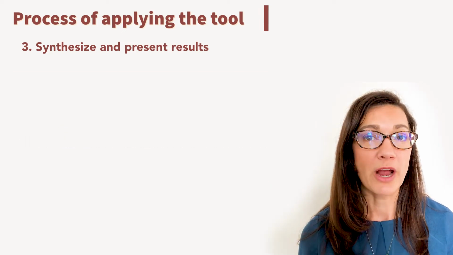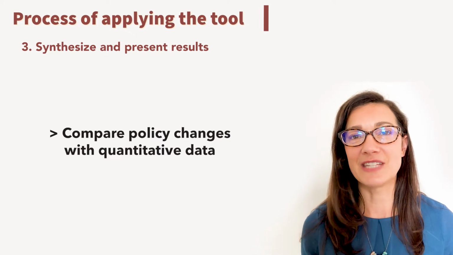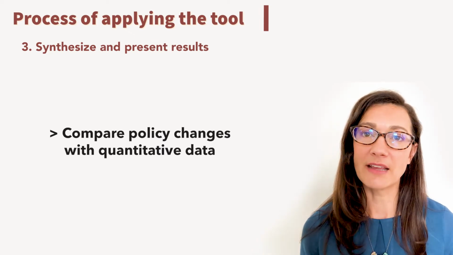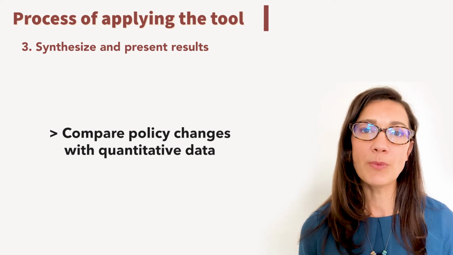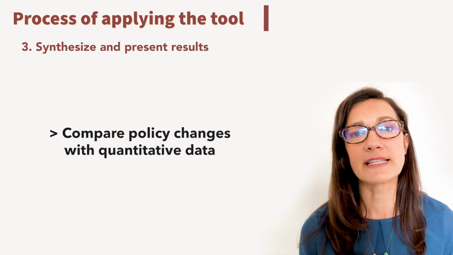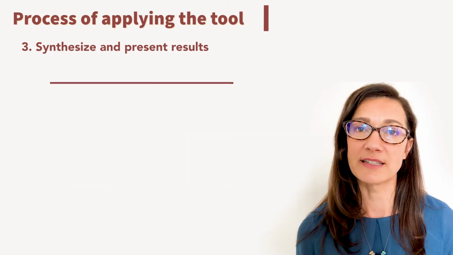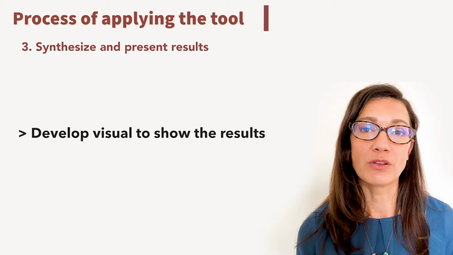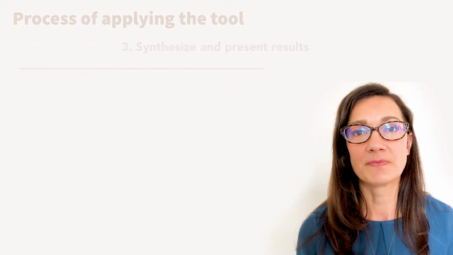This will also require comparing policy changes with changes in your quantitative data, such as mortality, coverage, equity, funding, and any targeted area of the program. It will also inform the conclusions and lessons learned about why and how change occurred or didn't. Finally, you will need to develop a visual or a narrative summary of the results for sharing.